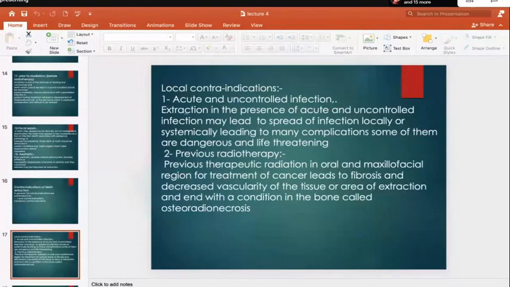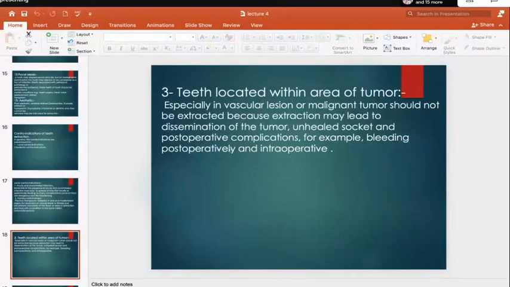Local contraindication: acute and uncontrolled infection, previous radiotherapy, teeth located within the area of the tumor. Teeth located in the area of the tumor, why not be extracted?